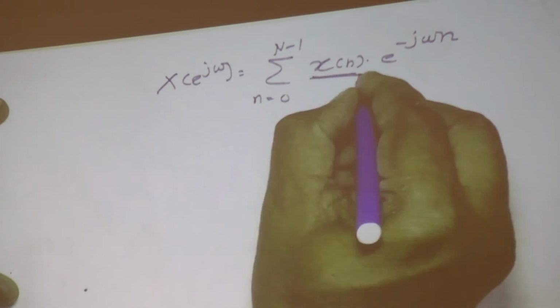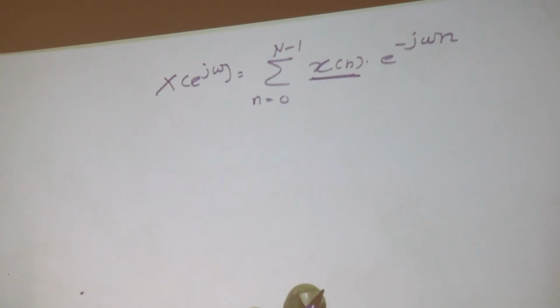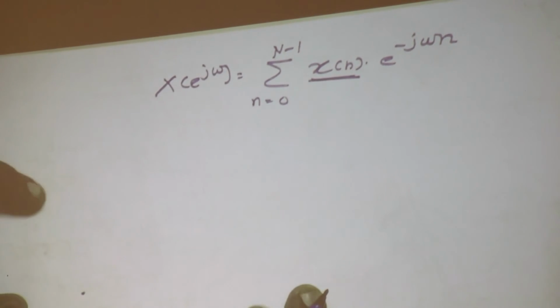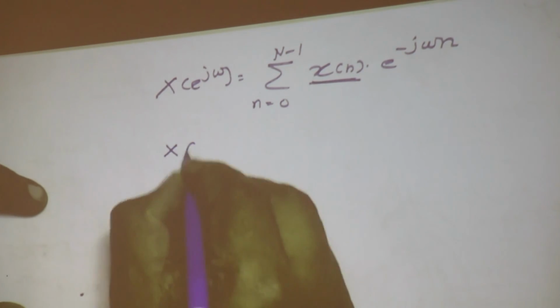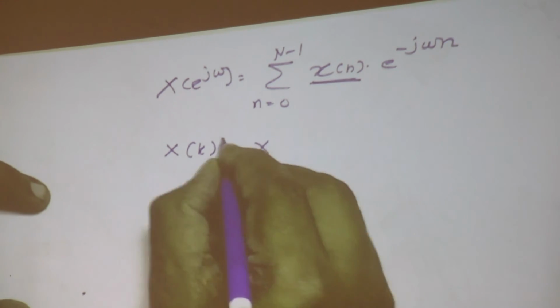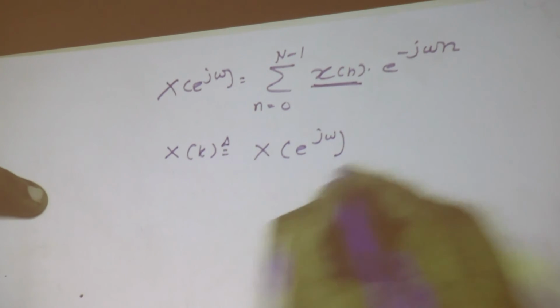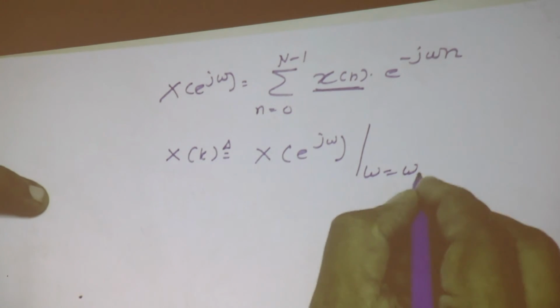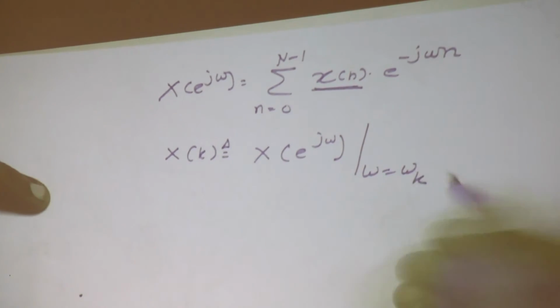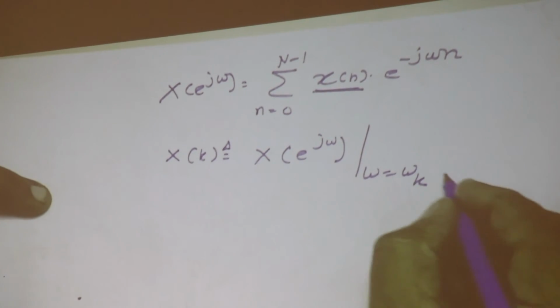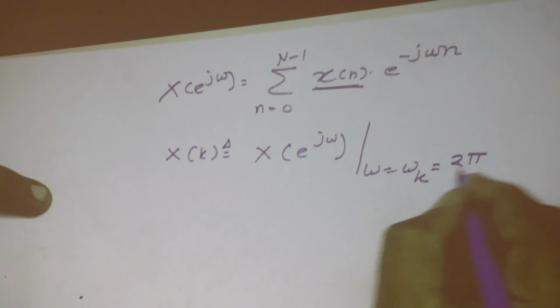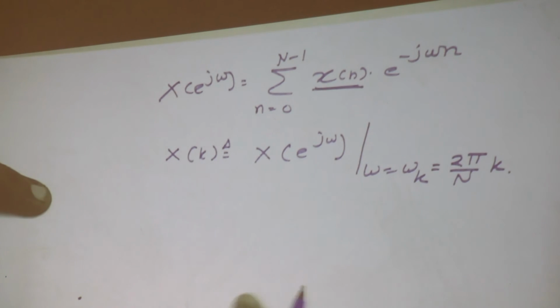Now my x[n] is only a sequence that is periodic, and then I realize this X[k], which is defined as X of e to the power j omega at omega is equal to omega k. I am sampling the frequency domain representation, which is equal to 2 pi by N times k.